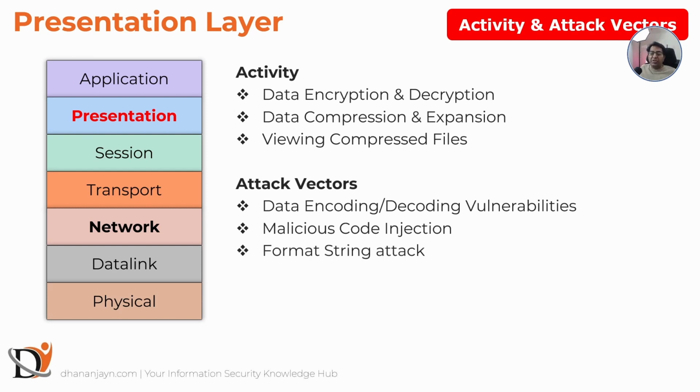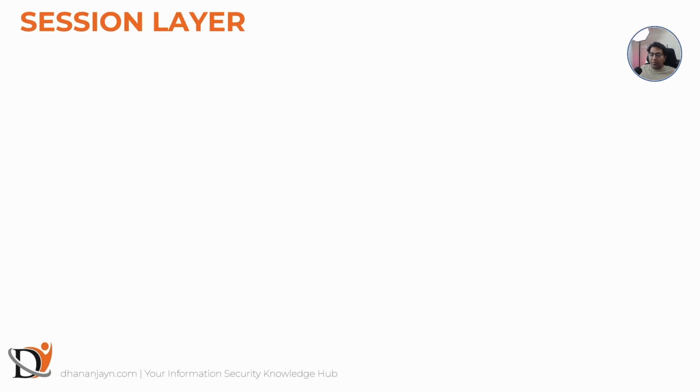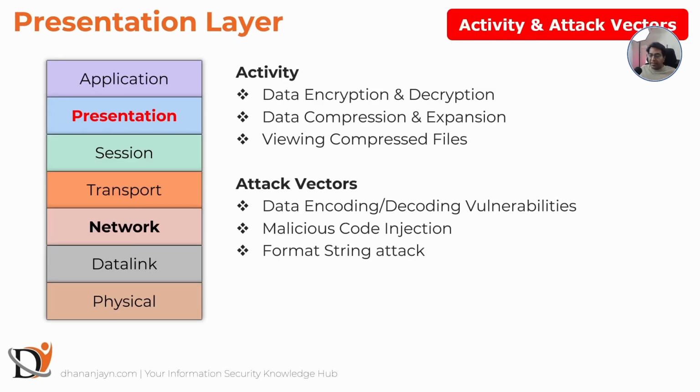Then malicious code injection. Again, while the data is being transmitted from the application to the presentation layer, there are tools available to inject code while the data is moving between these two layers. Now again, format string attack.